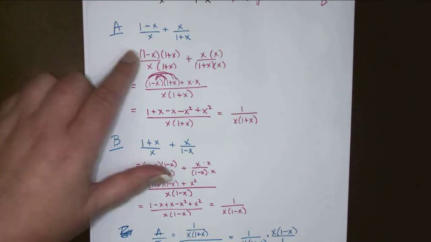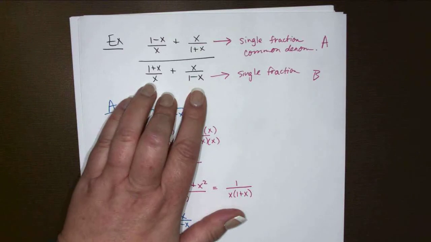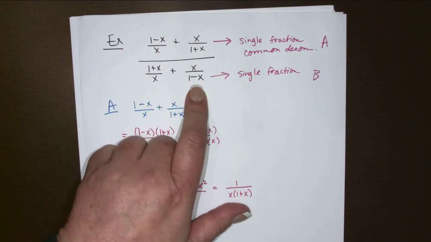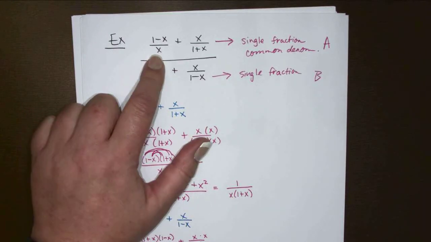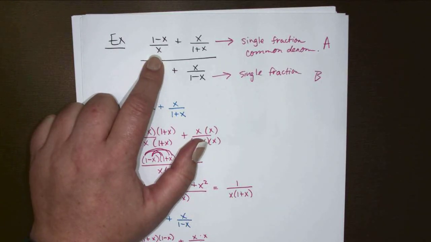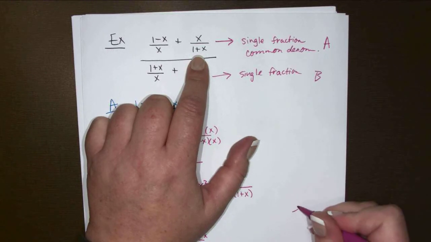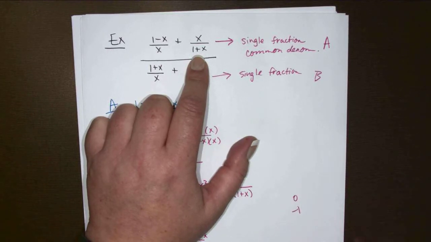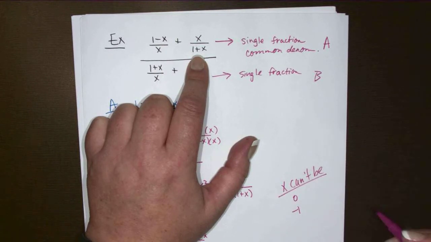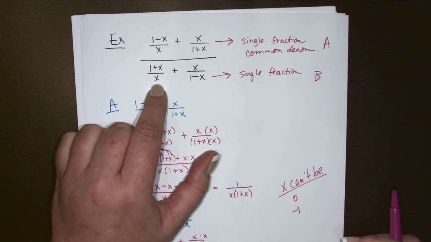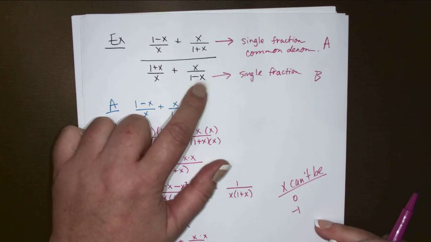But if you look at the original question way up top, what x values can we not plug in here in the original? So the first fraction, what can we not put in this one? 0. This one? -1. Okay, let's remember that. Okay, 0, -1. Here, 0, I already listed it. And here, +1, right? 1 minus 1, if we put a 1 in there.